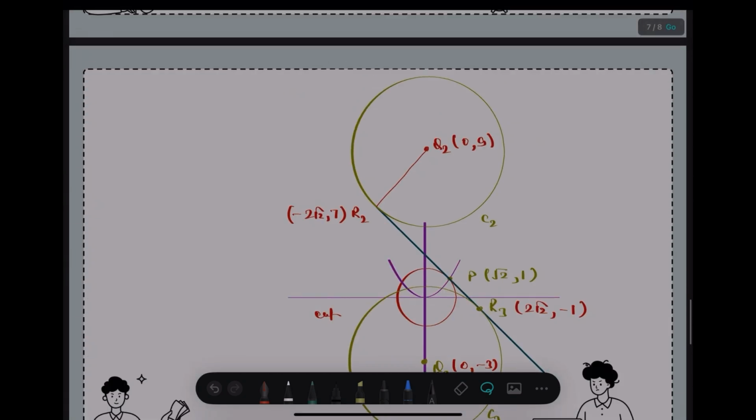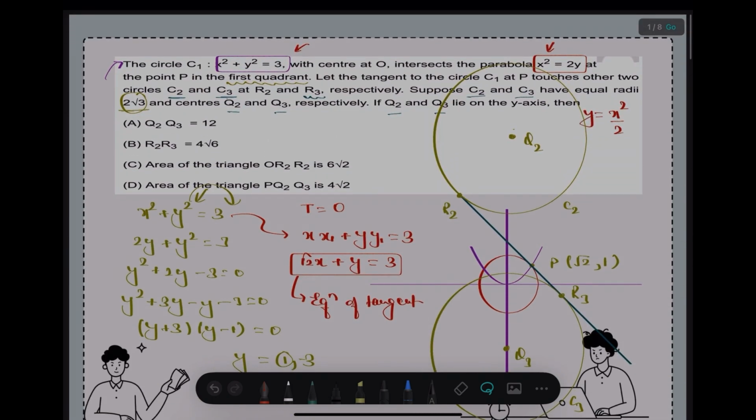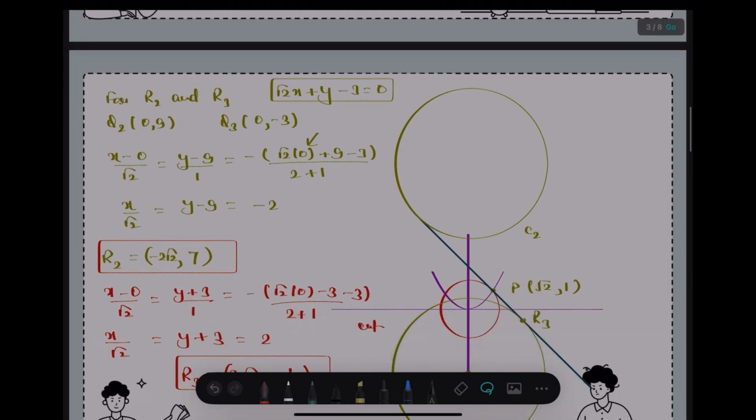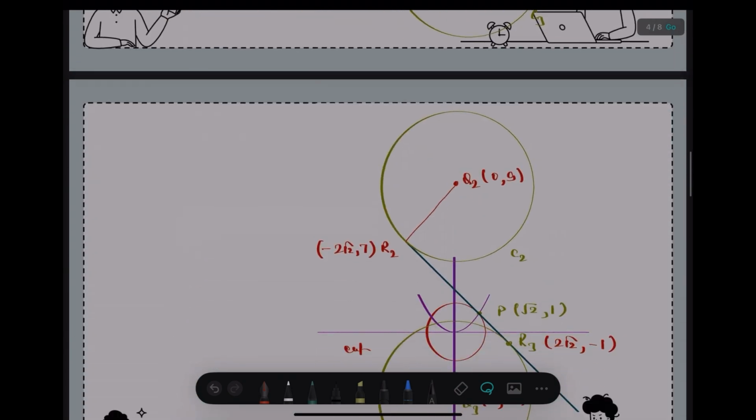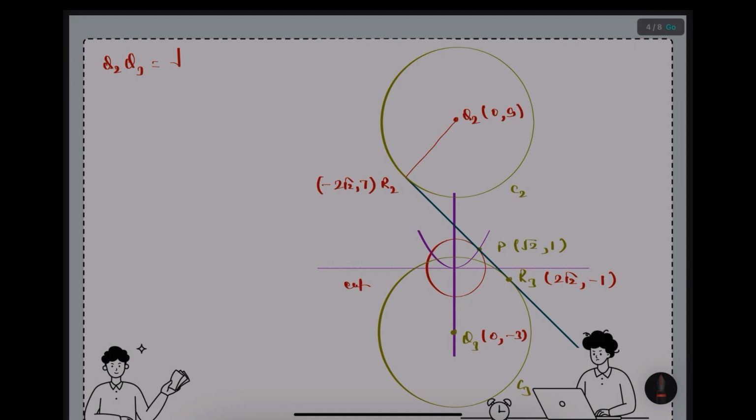Yes. Now look at the first question. We need Q2, Q3 as 12. Let's find Q2, Q3. It is the distance between the points Q2 and Q3. You know Q2, you know Q3.